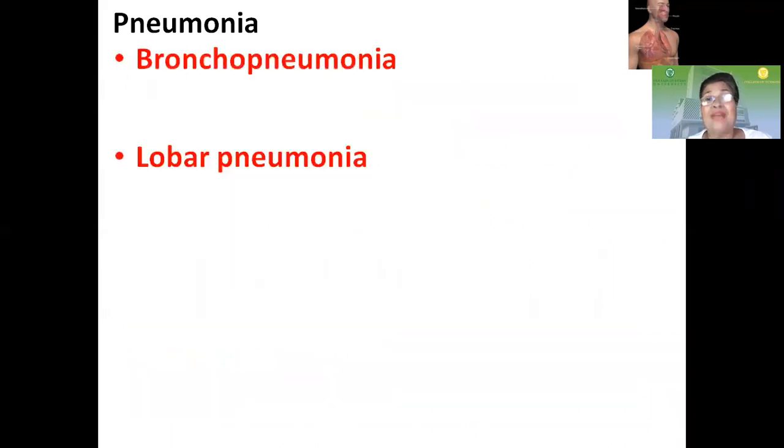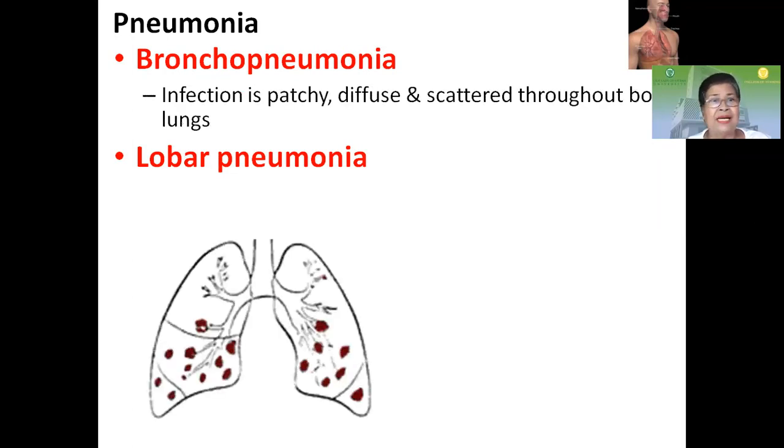Okay. Now, according to part of the lungs affected, we classify pneumonia as bronchopneumonia and lobar pneumonia. So pag sinabi natin bronchopneumonia, it is diffuse, it is scattered, patchy, both lungs could be affected.